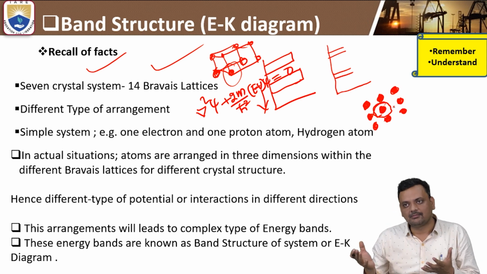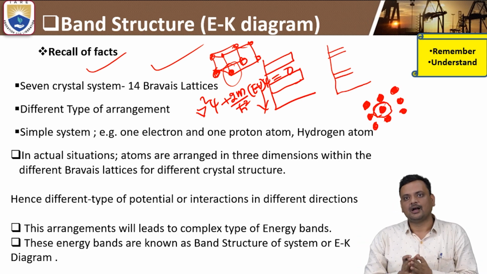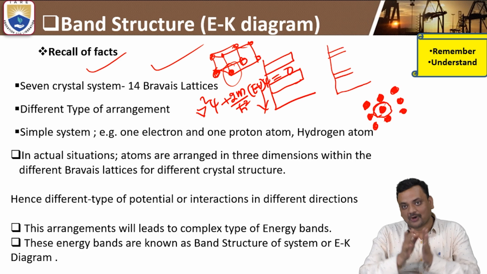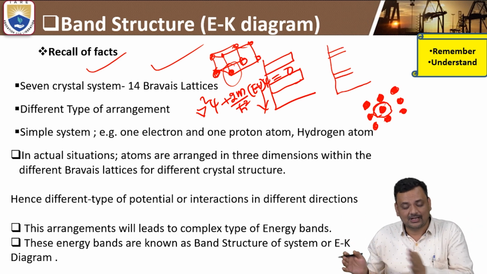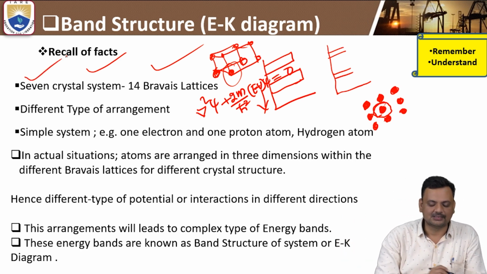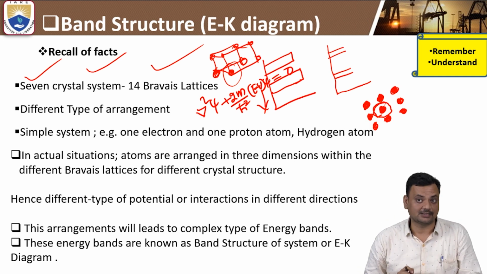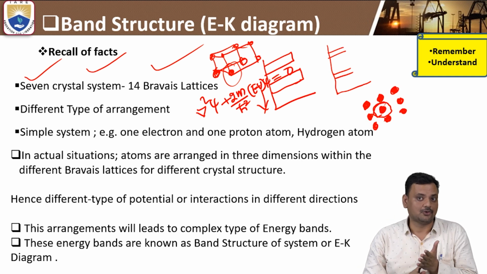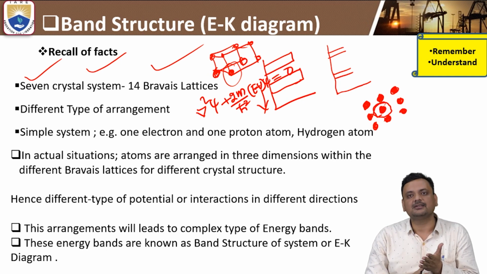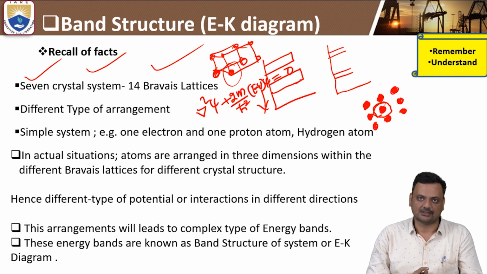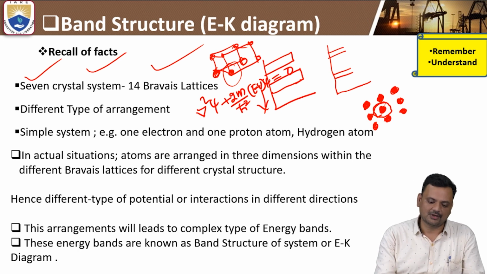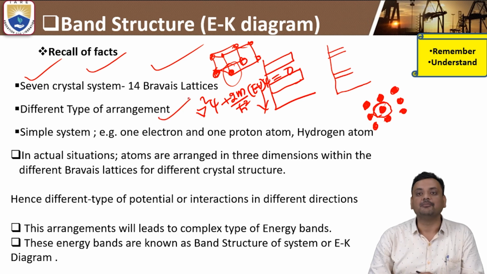It is developed based on the arrangement of atoms. So how are atoms arranged in any solid? This way: 7 crystal systems and 14 Bravais lattices. So you must know some basics of this, because this only governs the different types of atomic arrangement.